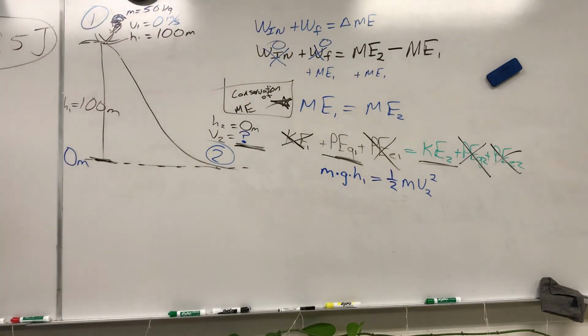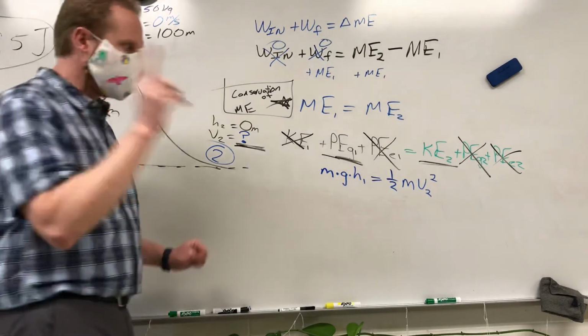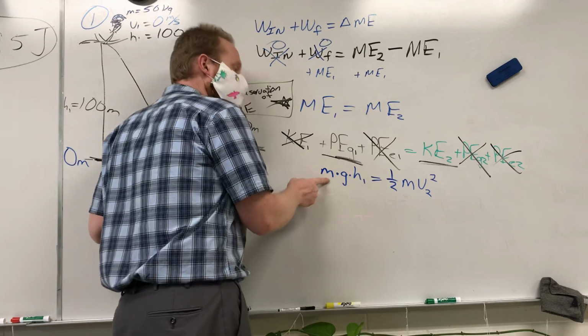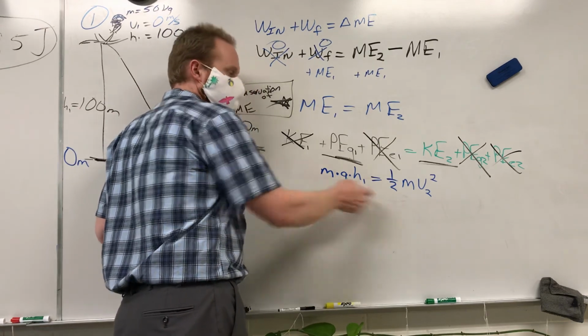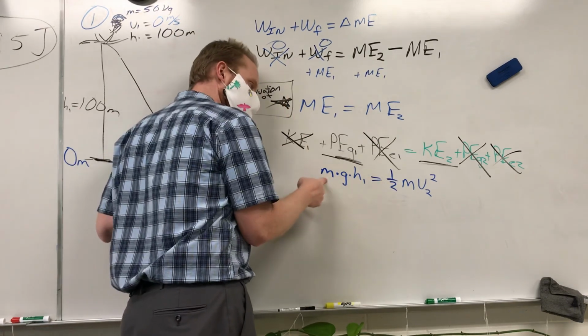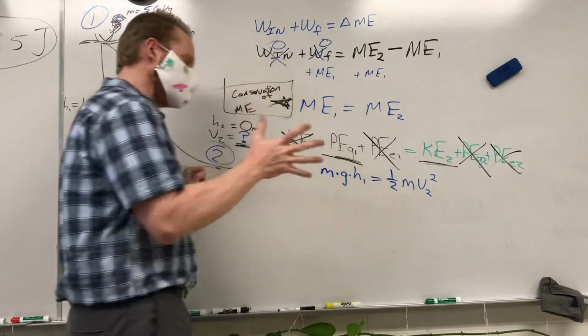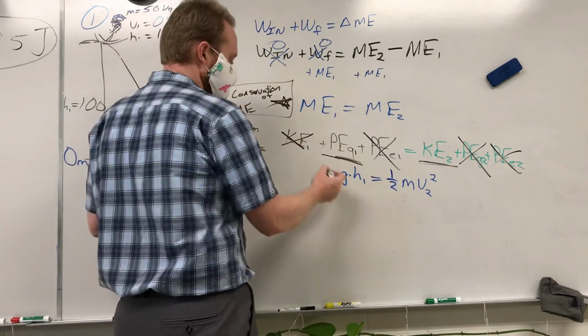Now, mathematically, can we simplify this any? Could this equation get simplified mathematically at this point? Yes. There's something that can be canceled. What could be canceled in this? The mass. Because there is a mass in every term. There's only one term on each side. But because there's a mass in every term on both sides of the equation, we can, in fact, cancel out a mass.